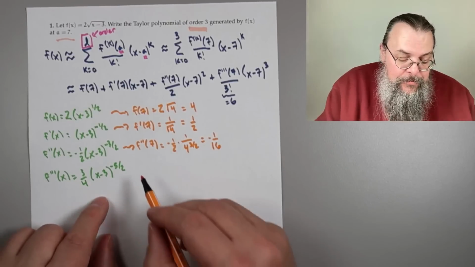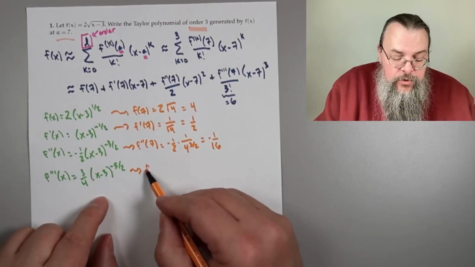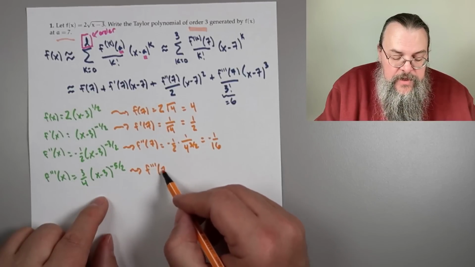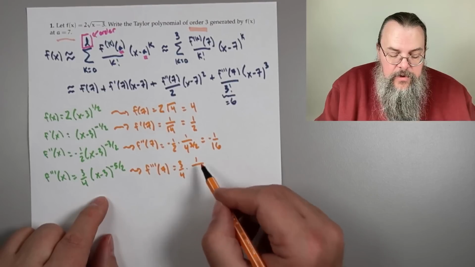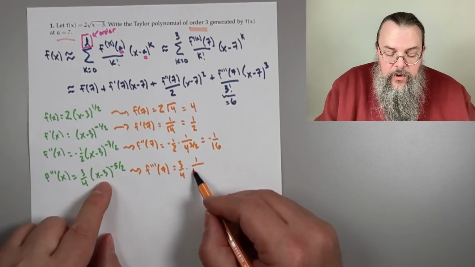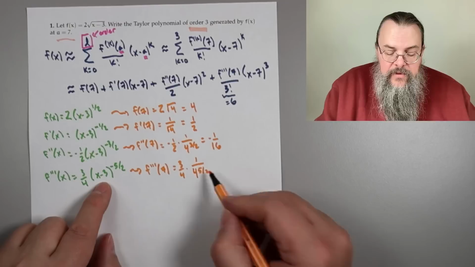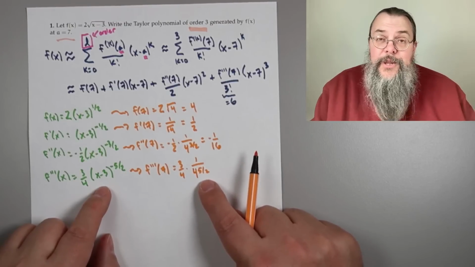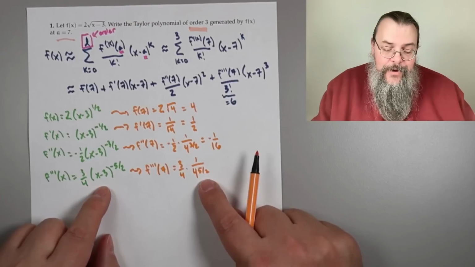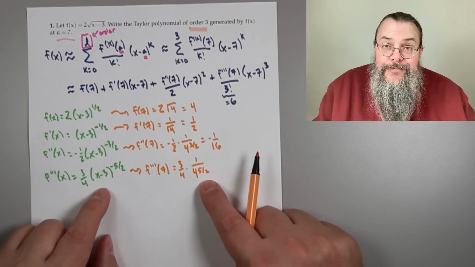All right, last one. F triple prime, the third derivative. Okay, we have our 3/4. 1 over 7 minus 3 again is 4 to the 5/2. Well, we could, of course, take 4 to the 5th, which we all know is 1024, and then the square root of 1024 is 32.